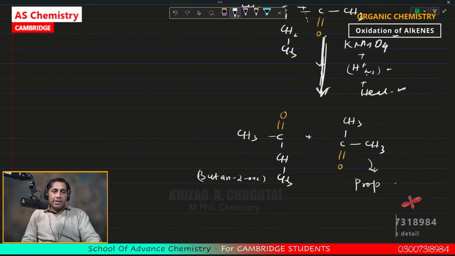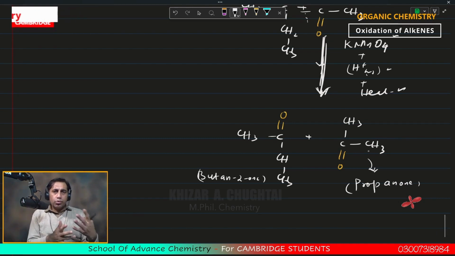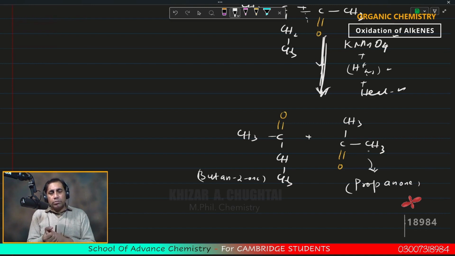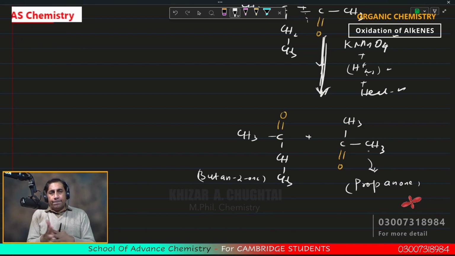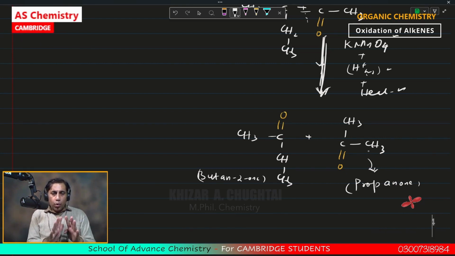Three carbons can be simply written as propanone. Okay. Can you further oxidize butanone or propanone? Answer is no. Because they are ketones and these cannot be further oxidized.